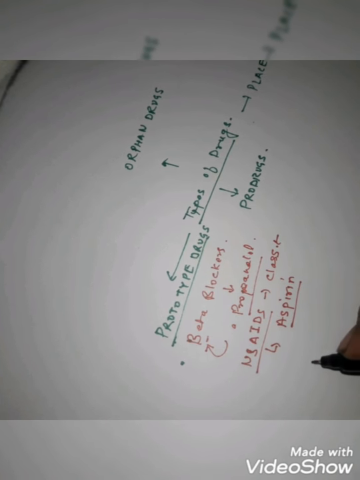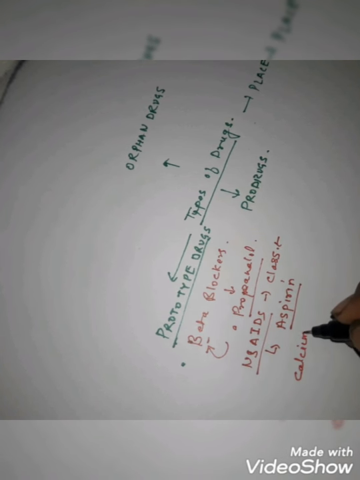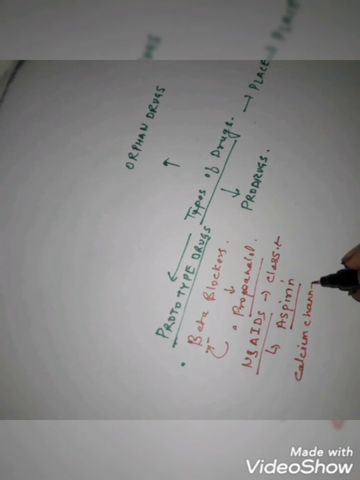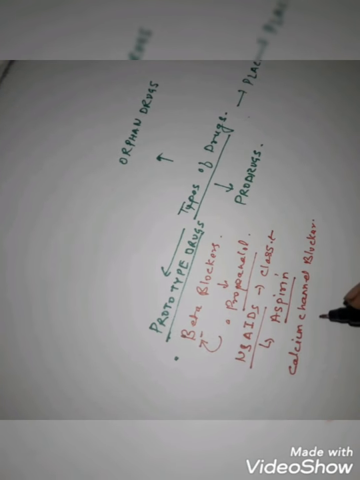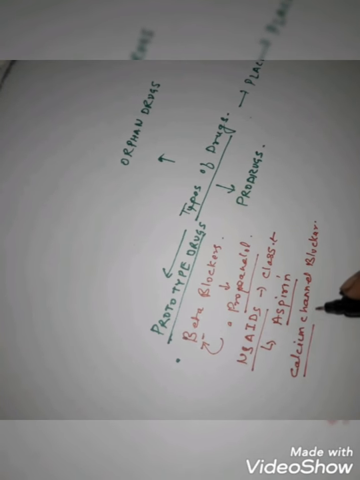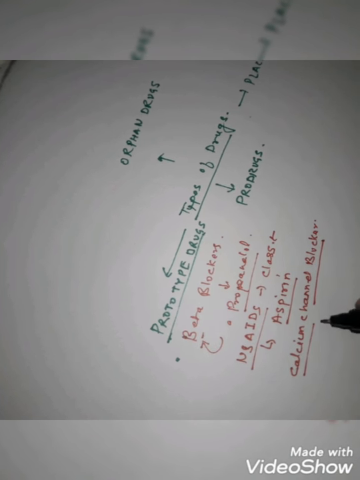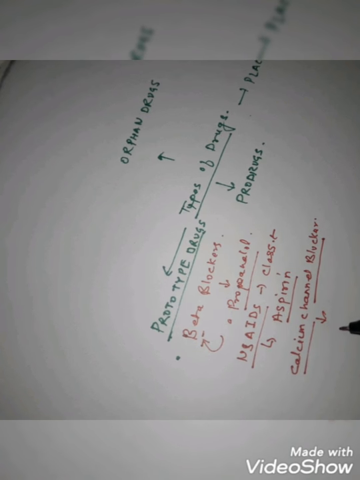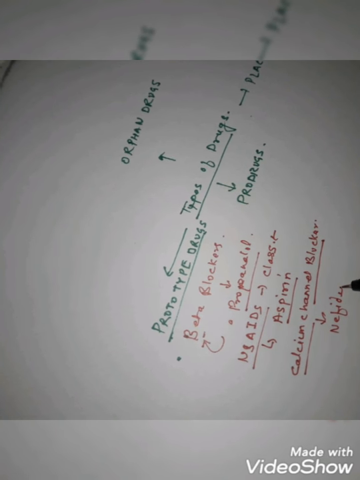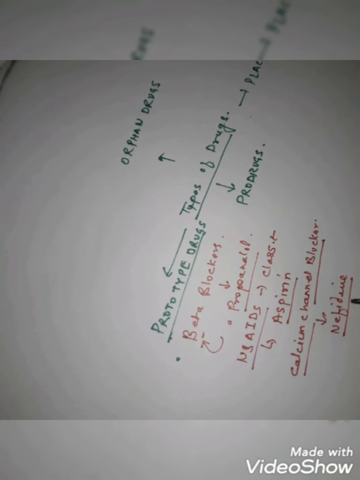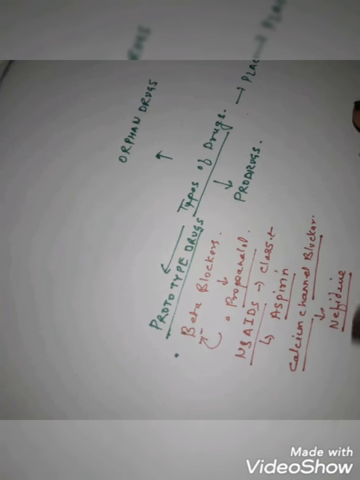The third one is calcium channel blockers. It is a class of drugs, and the best drug in this class is nifedipine. Nifedipine is the one drug which represents all the properties of a calcium channel blocker.